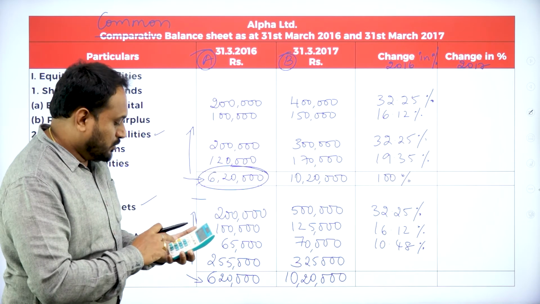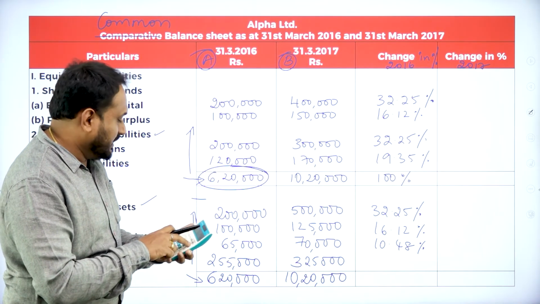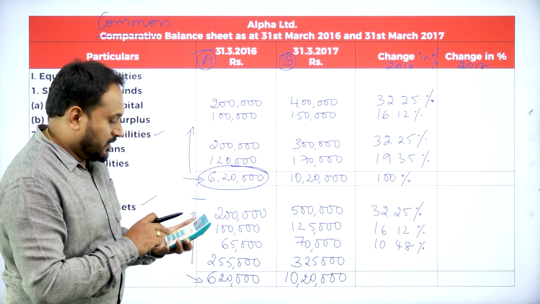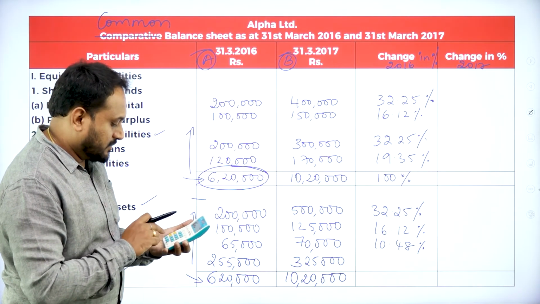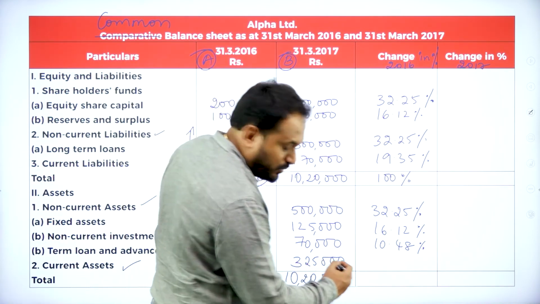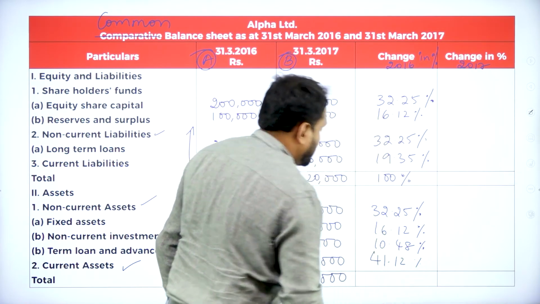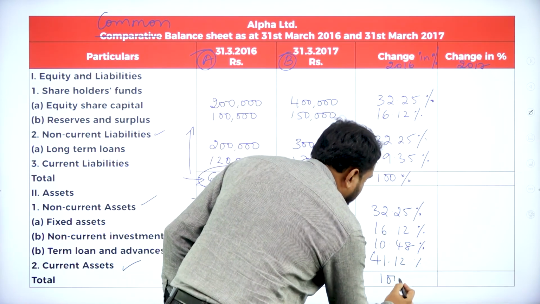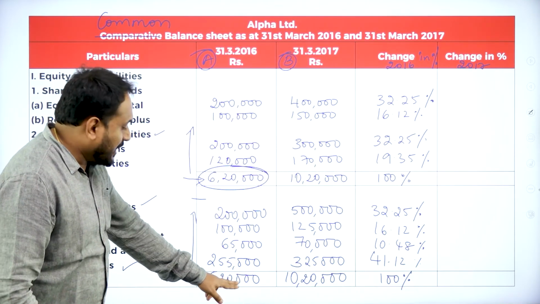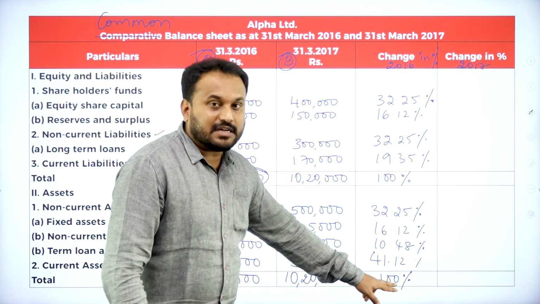Now here, 2,55,000 divided by 6,20,000 into 100 gives 41.12%. Again, 6,20,000 divided by 6,20,000 into 100 is 100%.